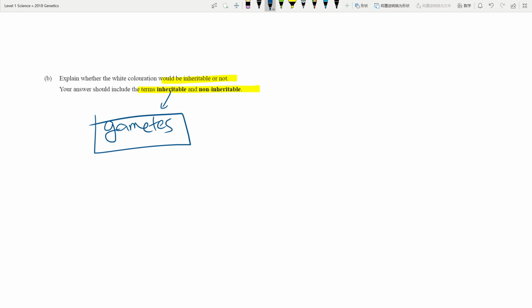In this case, whether this could be inheritable or not, if we go back to the previous question, the DNA has changed, hasn't it? So that means the white Y2E has probably got some new alleles.